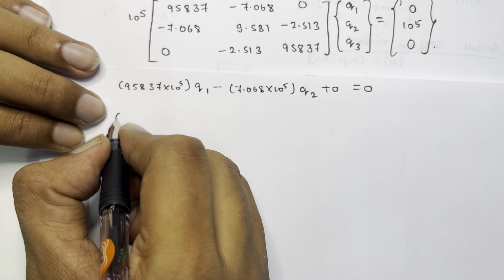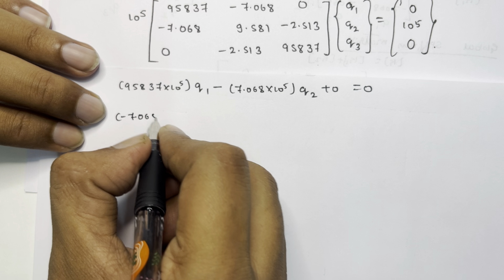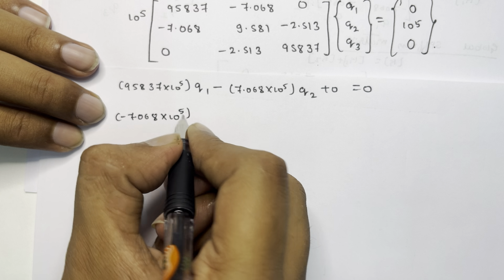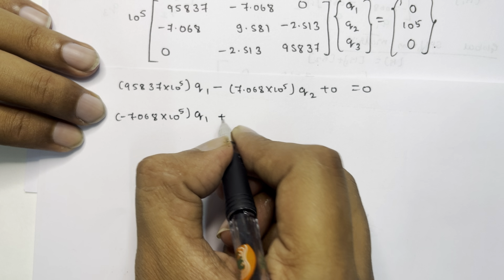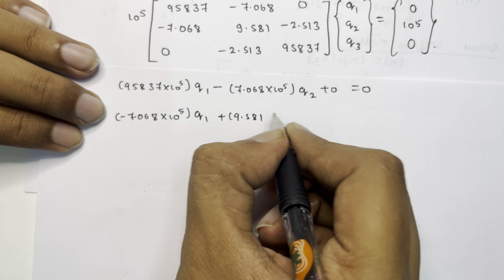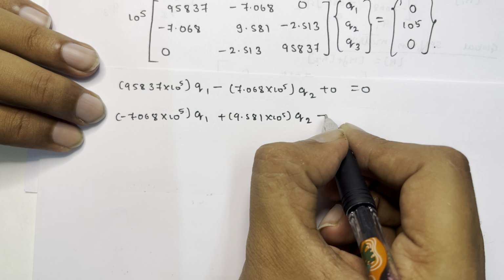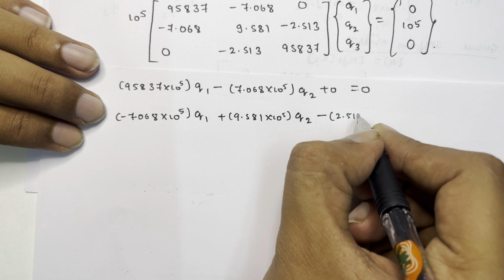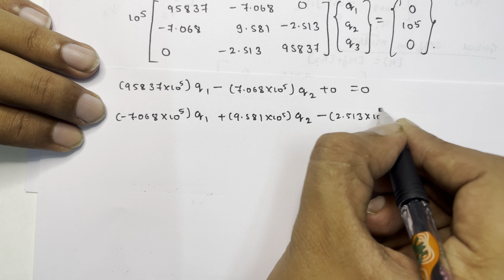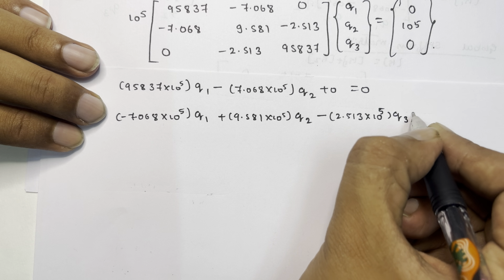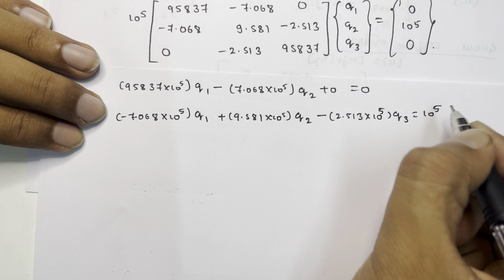And second equation, minus 7.068 into 10 raised to 5 into q1 plus 9.581 into 10 raised to 5 q2 minus 2.513 into 10 raised to 5 q3, that is equal to 10 raised to 5.